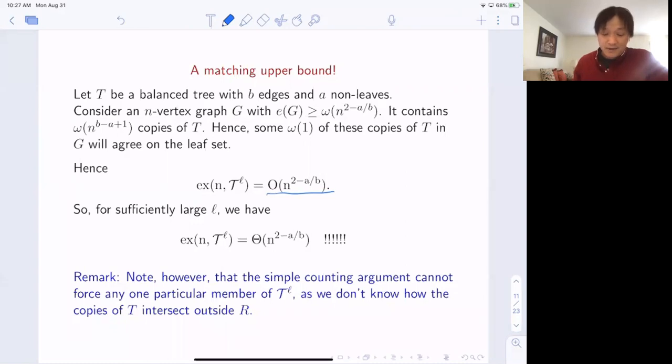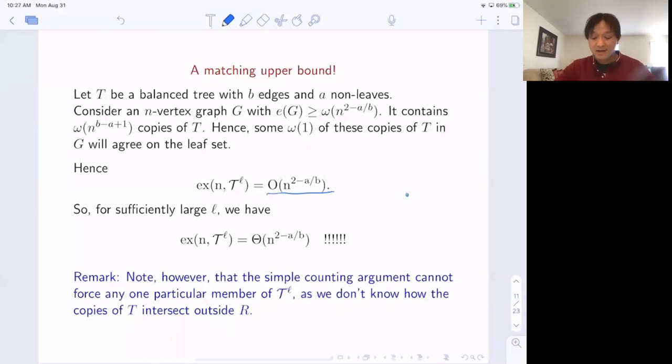Then, because there are only n to the b minus a plus 1 ways to pick your set of labeled leaves, you can get omega 1 of these copies of T agreeing on the leaf set.